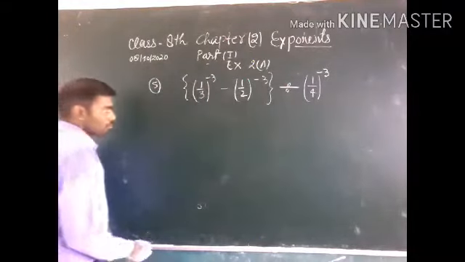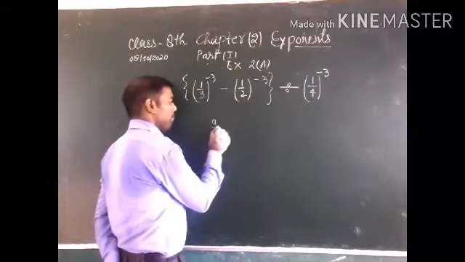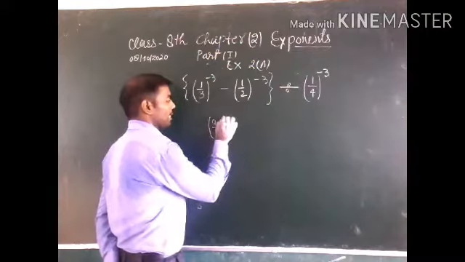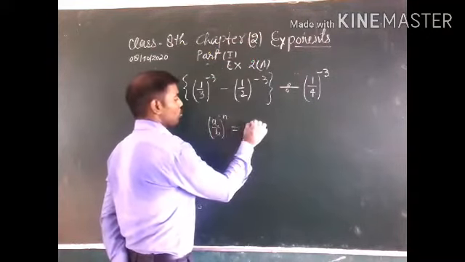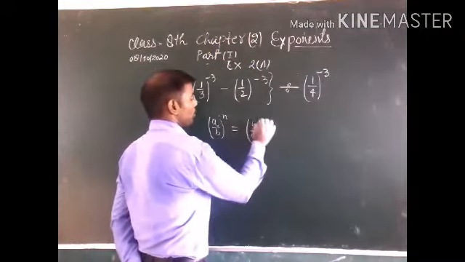First of all, you know the formula (a/b) to the power minus n is equal to (b/a) to the power n.